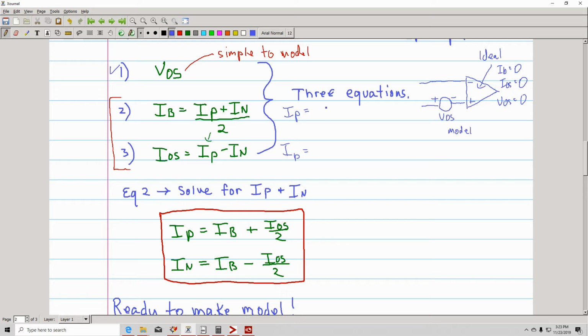So in this case, let's see, IP would be IB minus IN. And then this one would be IOS, right, plus IN. So now these two are equal.